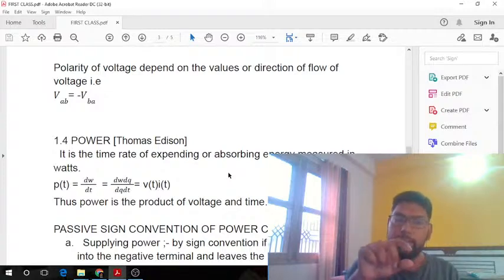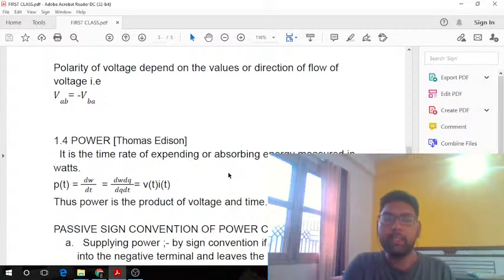By further breaking down the work, we get the power value P is equal to V into I, so power is the product of voltage and current, and it is measured in watts.